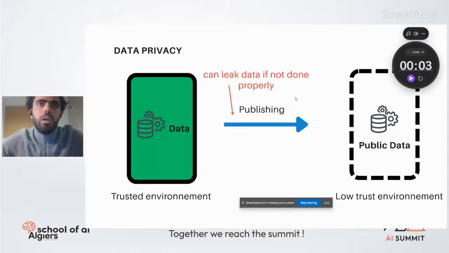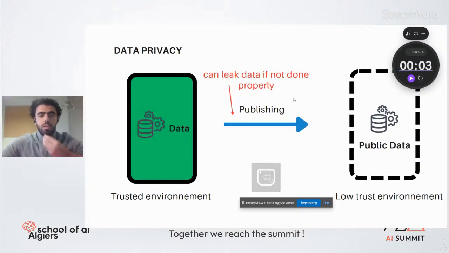So how can we ensure that the version that we are publishing of the data does not leak sensitive information, but keeps the useful information available to the public?